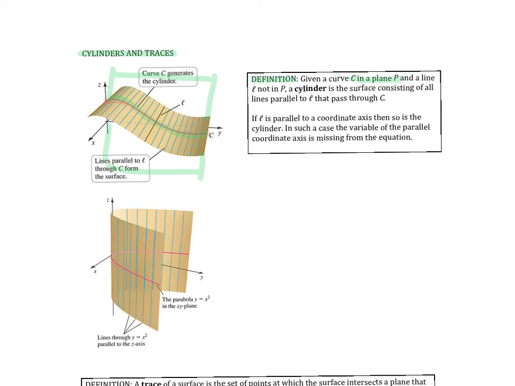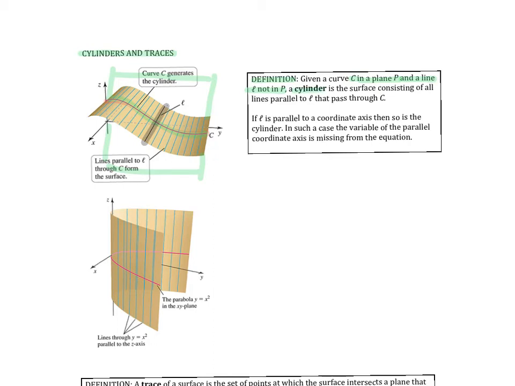So given a curve C in a plane P, and a line L not in P, so that's this black line here. This line L is actually not in the plane. It passes through the plane, but it's not in the plane.